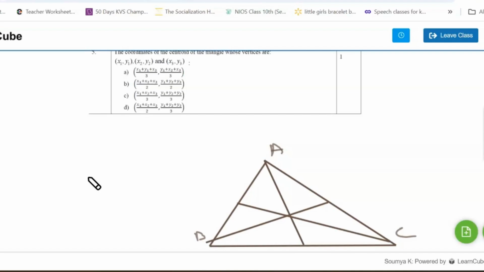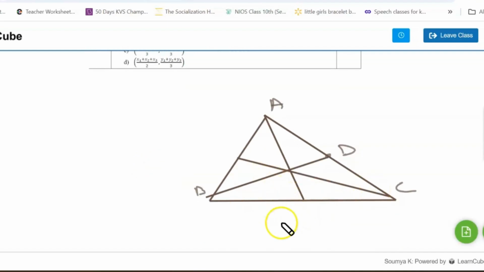Like AC's midpoint is this D and it connects to the opposite vertex, that is B. Here if you take this side BC's midpoint, it will be E and this E connects to A. Similarly, A and B is there and F is the midpoint, it connects to C. So where all these three medians meet at this particular point, we call it the centroid of the triangle.